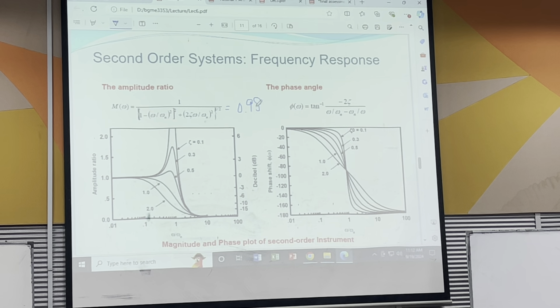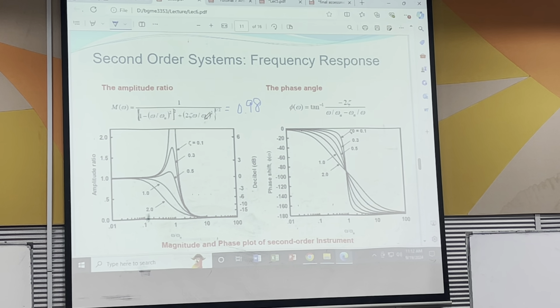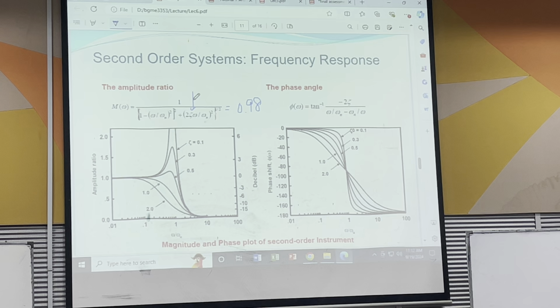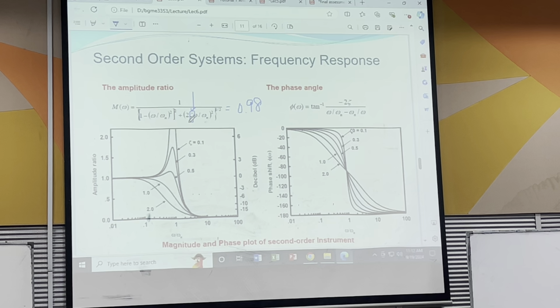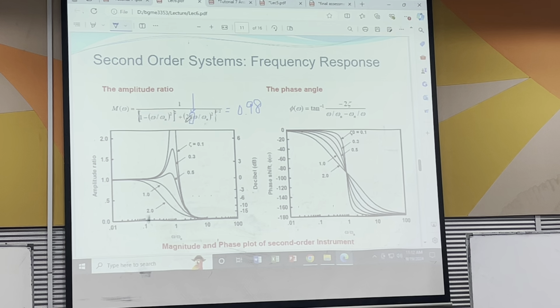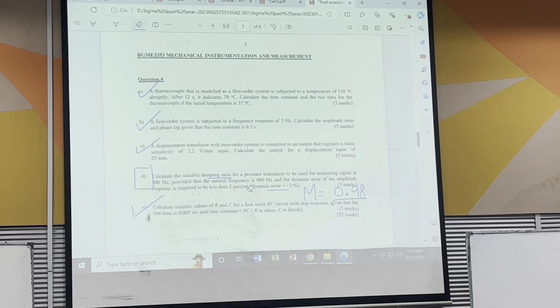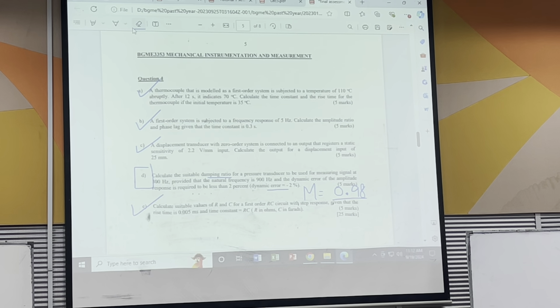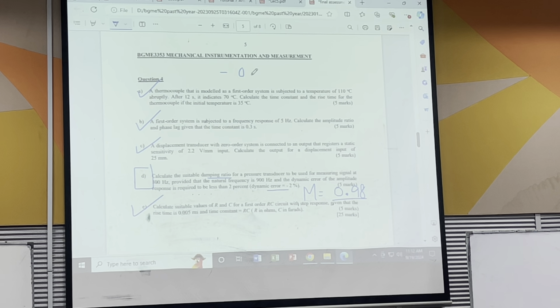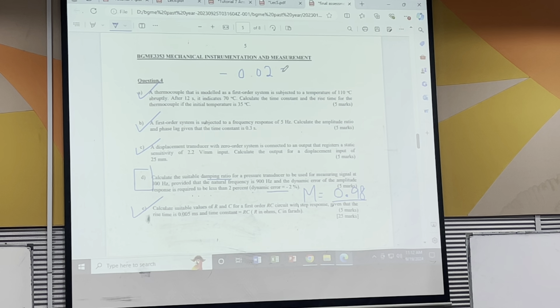So from here, you have the value for omega, you have the value for omega n, you have everything except the damping ratio, which is what we were supposed to find. So the rest is just finding this damping ratio after you have figured out the value for the magnitude ratio based on the dynamic error. Because your dynamic error is required to be less than 2%, if let's say your dynamic error is negative 0.02, it equals M minus 1.